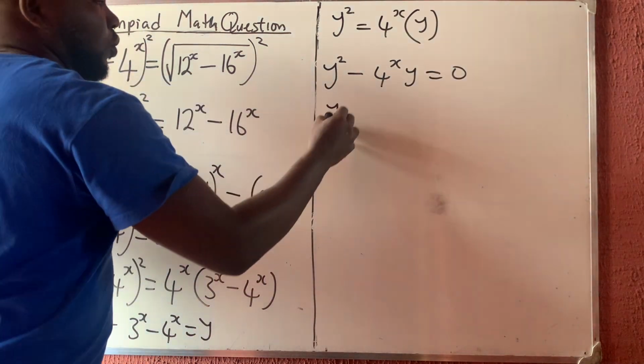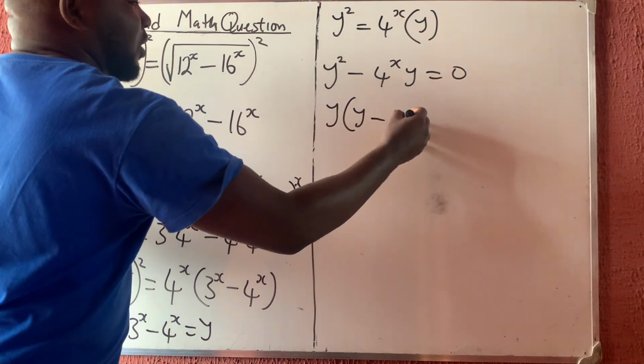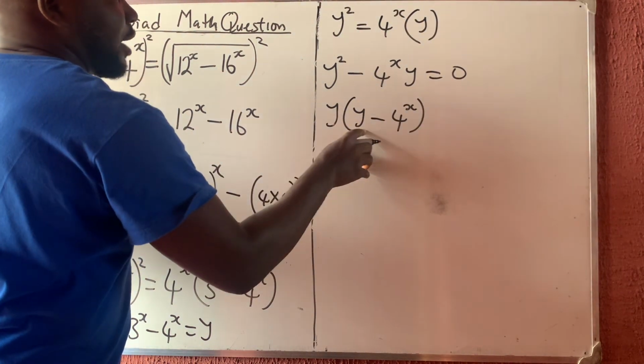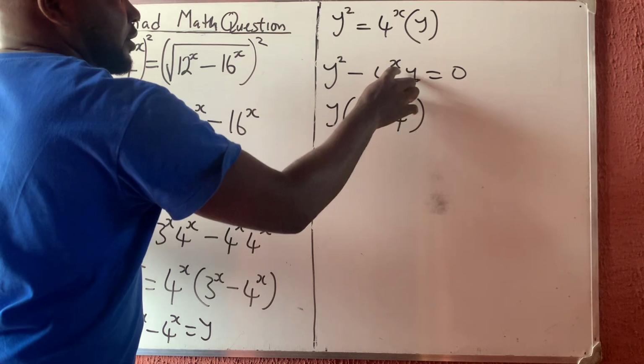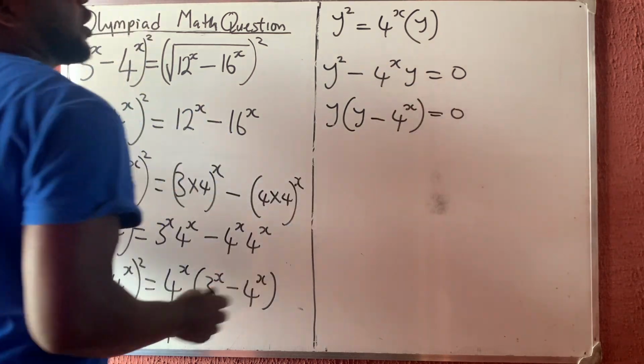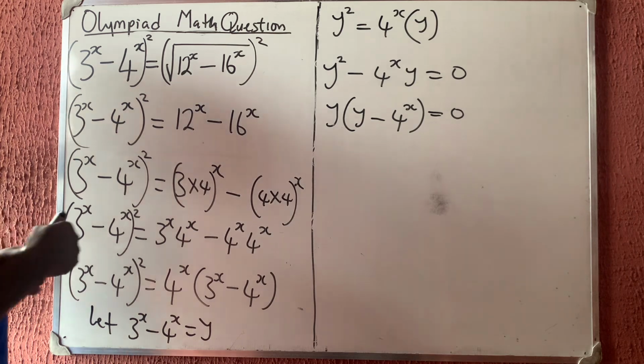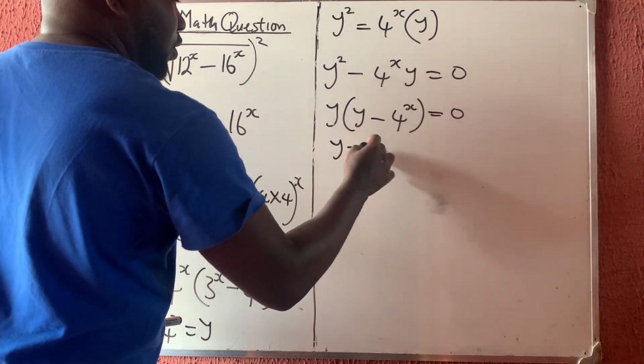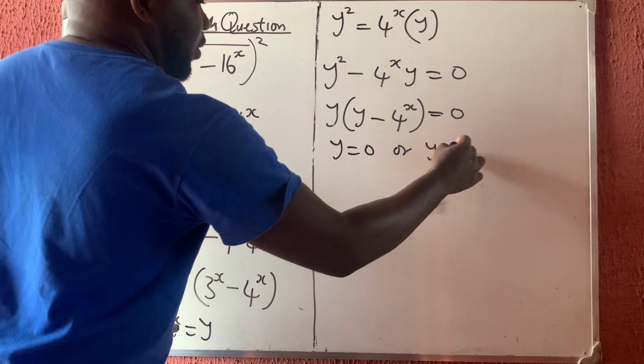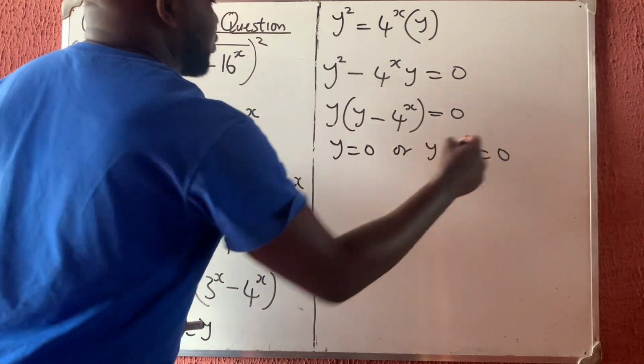I'm going to have y(y − 4^x) is equal to 0. Don't forget that when the product of two things is equal to 0, then one of them must be 0. So either y is equal to 0, or y − 4^x is equal to 0.